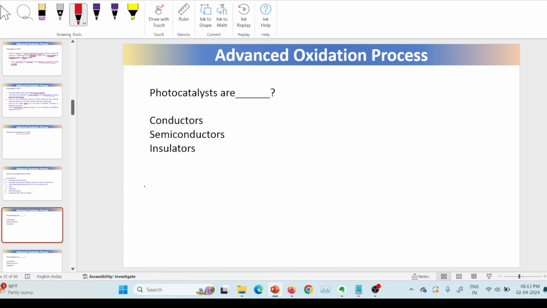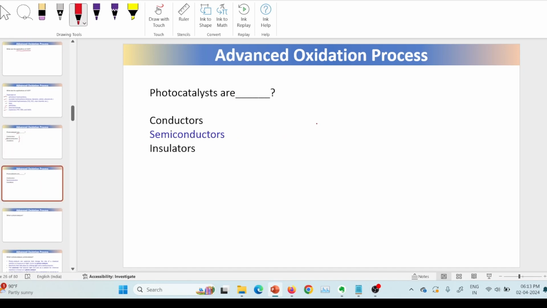Photocatalysts. Photocatalysts are conductors, semiconductors, or insulators. What are these things? These are actually semiconductors. So, what are semiconductors? Semiconductors, you might have studied earlier. So, this is the valence band, this is the conduction band.